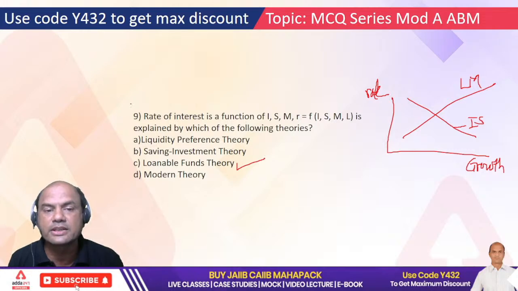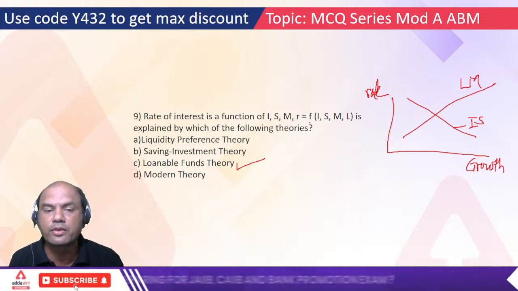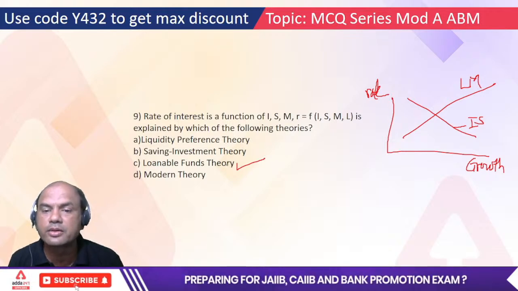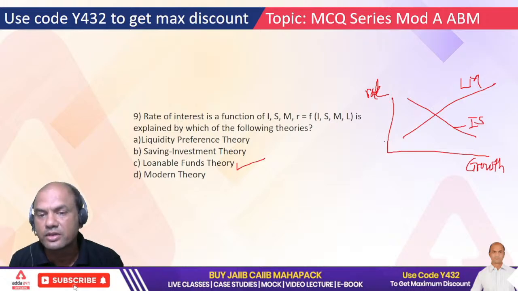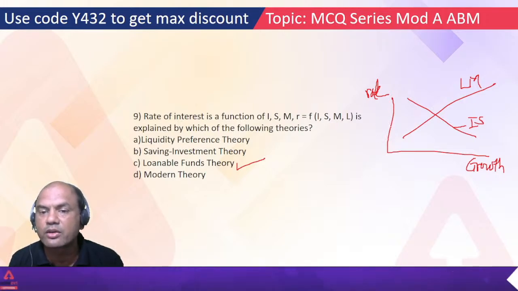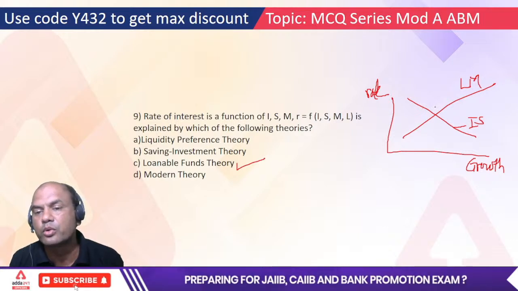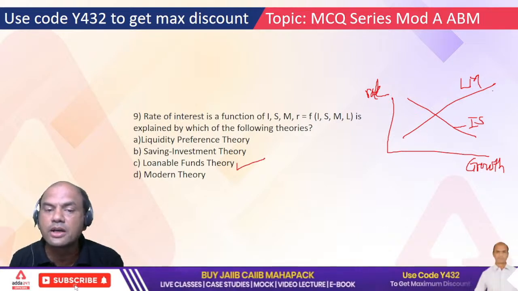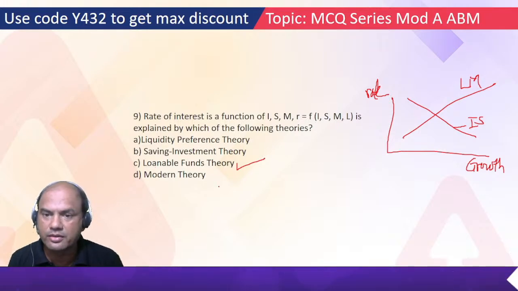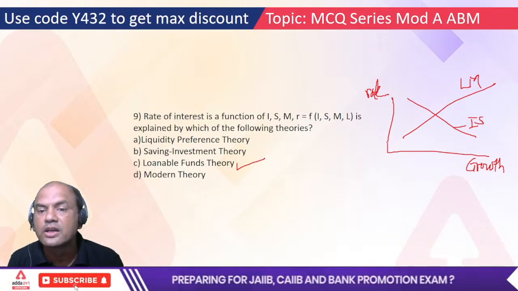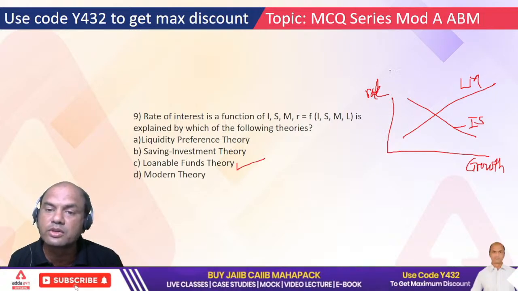The rate of interest, this part R, is explained by loanable funds theory. Why? As the rate of interest increases, the investment saving curve goes downwards and the LM curve goes upwards. As the rate of interest increases, the loanable funds go on increasing, because nobody is ready to take loans due to higher rates.